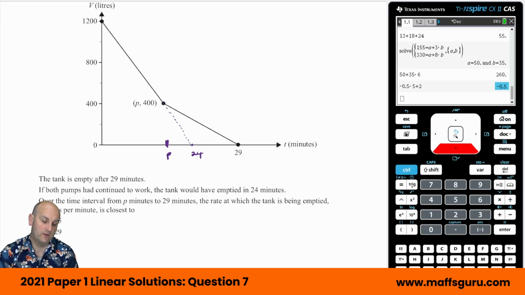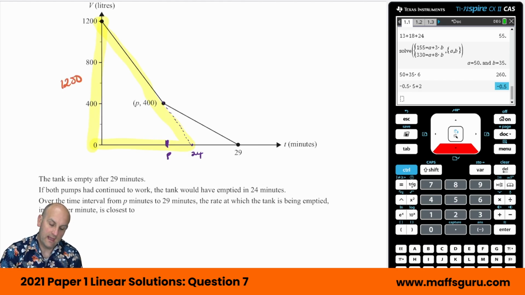Well, I now have a gradient. So when I actually know the gradient of this particular section here, that will tell me the rate at which it's being emptied. So my gradient there is going to be given by rise is 1200 and run is going to be 24.